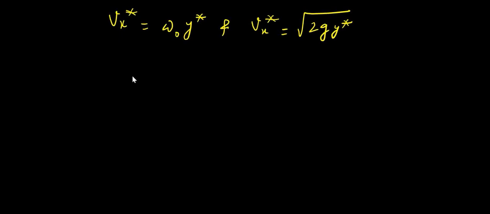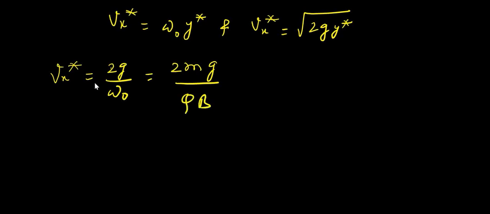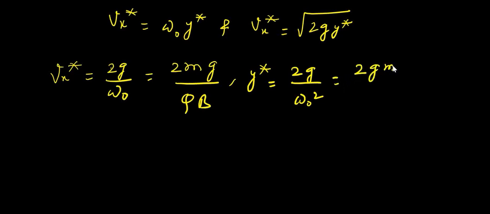Now you can calculate the value of Vx star as 2g by omega naught. If you put the value of omega naught, the result becomes 2mg by qb. In a similar manner you can calculate y star as 2g by omega naught square, and after putting the value of omega naught, you get 2g m square by q square b square.